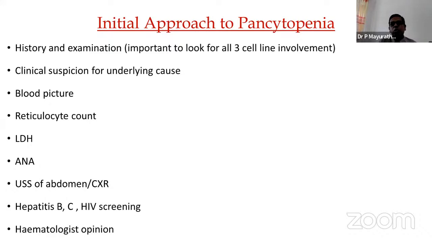Usually the erythropoietin needs a loading dose. They will be giving maybe 4,000 international units subcutaneously every other day for the first week. Then from the second week onwards, it's given as a weekly subcutaneous injection. The only thing is, it may increase the blood pressure, so we have to check the blood pressure and continue.